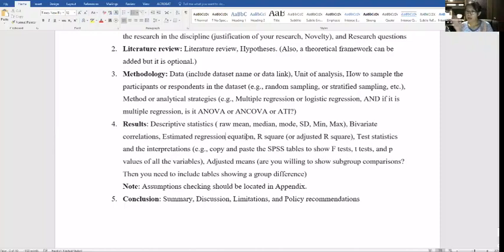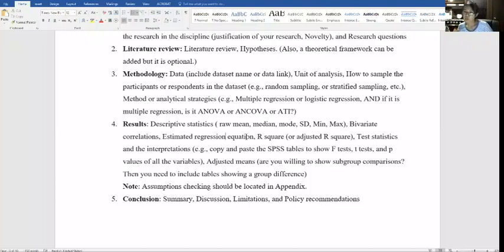Again, I strongly recommend you use the GLM menu instead of regression, because regression needs manual conversion of variables into dummies. It's complicated. So if you use multiple regression, use the SPSS GLM menu, not regression.